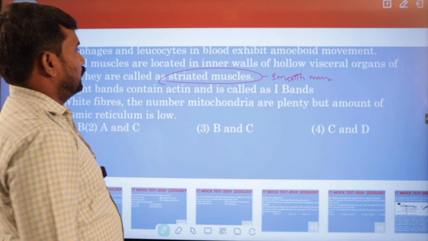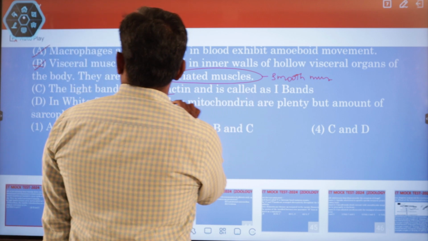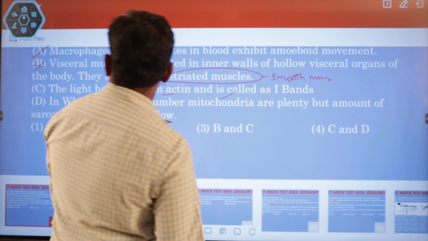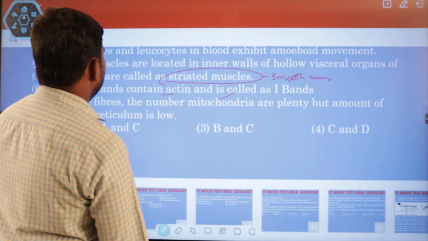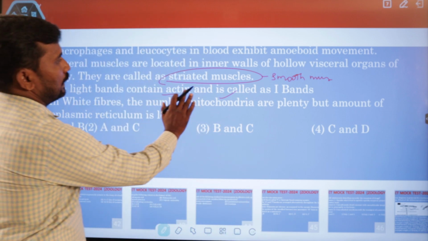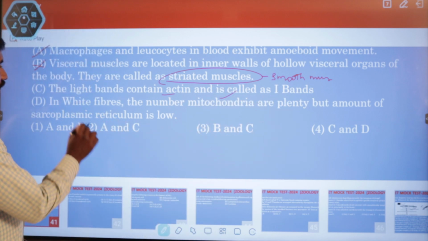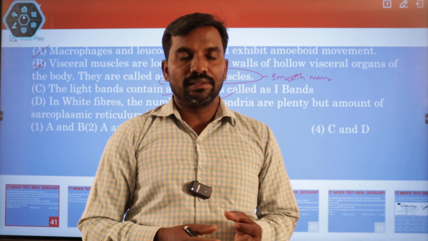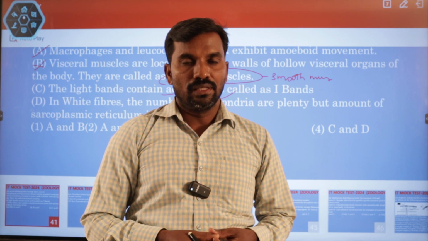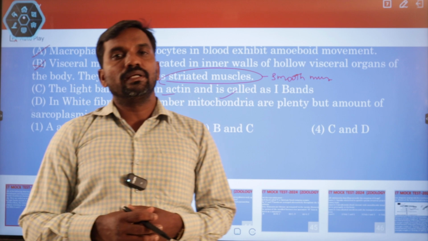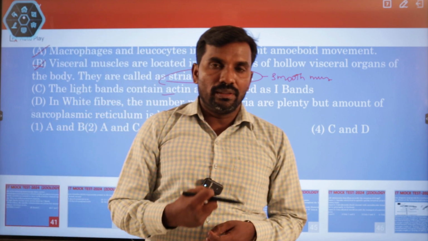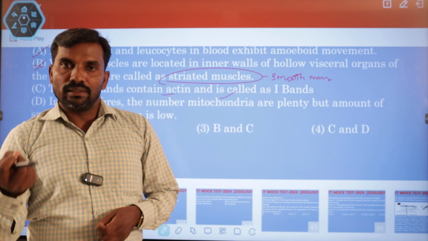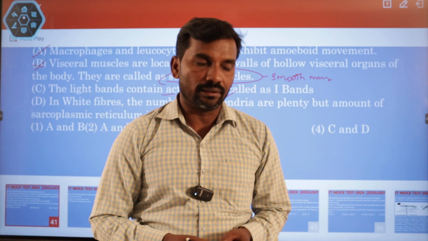This is considered the correct statement: the light band contains actin. Dark band is otherwise called myosin along with actin, and the light band containing actin is called the I band. Basically, we are going to divide muscle fibers into two categories, red fibers as well as white fibers, on the basis of the myoglobin respiratory pigment. Where myoglobin is high, aerobic respiration will definitely take place. Where myoglobin is low, anaerobic respiration takes place.